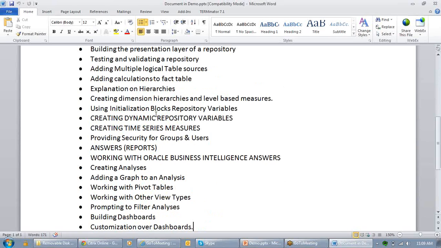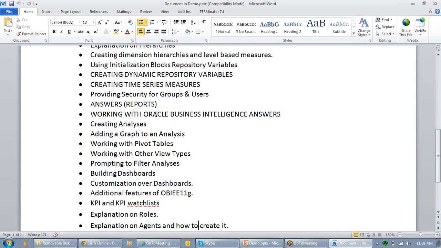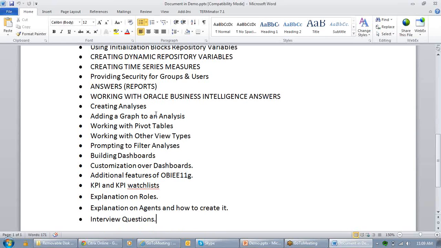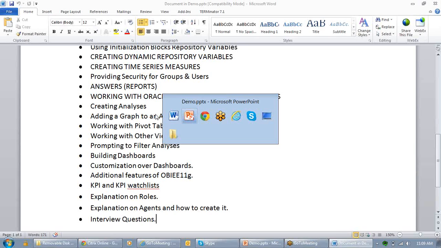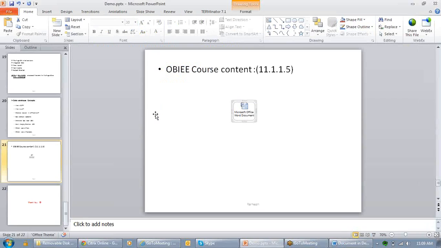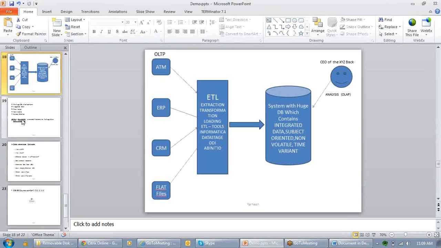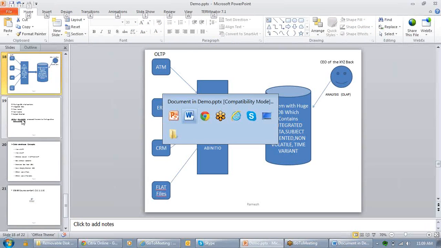I won't deal with book classes or other kinds of classes. Even my examples are concept-oriented, real-time examples. Do you expect which bank holds this architecture? This is a live example of one bank. Guess it. We'll discuss that example. So these are some of the topics we are going to discuss in the future.